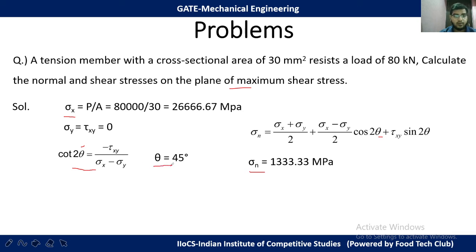Okay, this is the plane of maximum shear stress. When we apply this theta to the normal stress, then we will get the normal stress at that theta, that means at the plane of maximum shear stress. Okay, which has been asked here.